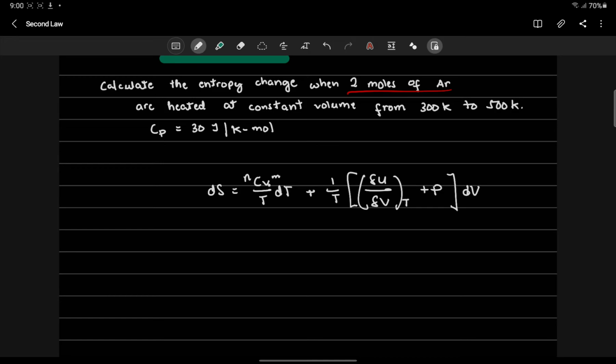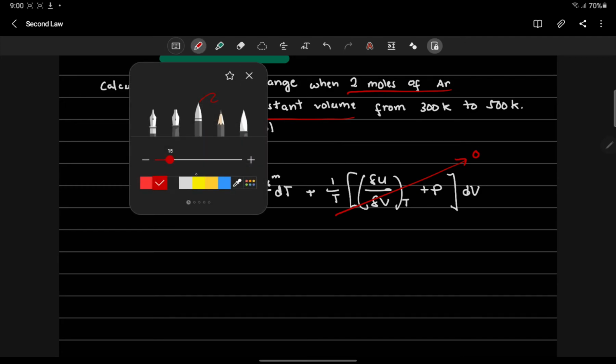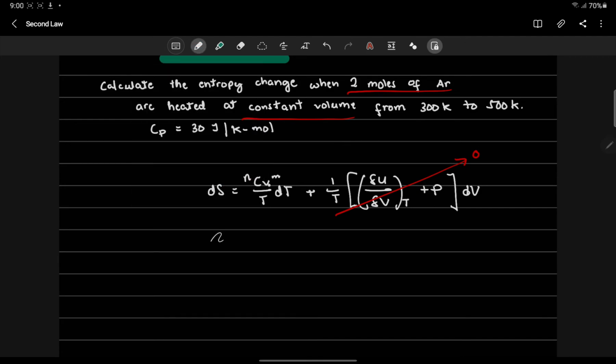Okay, how do we reduce this general entropy equation? Since sinabi naman dito na constant volume yung ating process, we can just take the whole second term out. Tanggal yan lahat. Okay? So, ang matitira sa ating equation ay dS equals constant volume molar heat capacity over T dT.